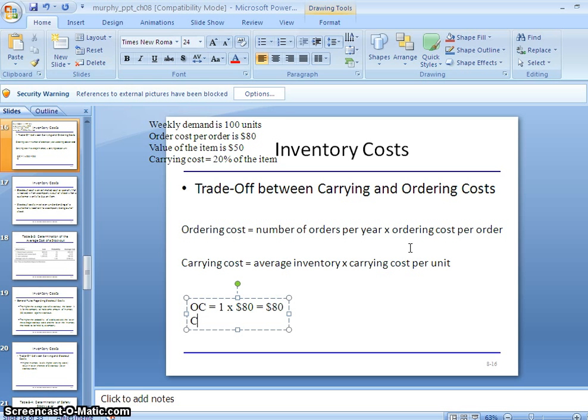Now let's take a look at the carrying costs. There's an inverse relationship to this, so we would expect that the carrying costs would be much higher. The carrying cost formula is the average inventory.